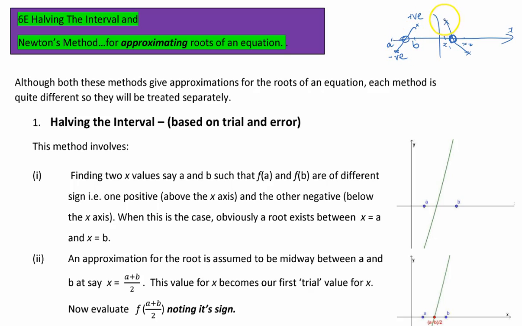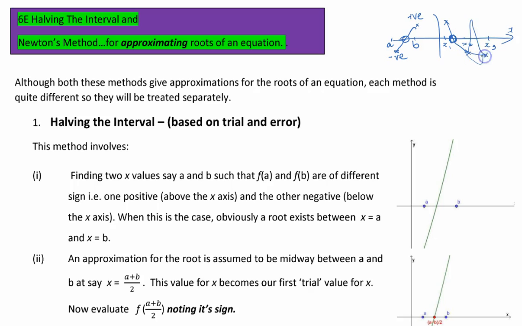Or if you've gone from a positive y value down to a negative, also a root must have occurred. You could probably see that between x2 and x3, if we then got another negative value, we don't know whether this is doing that or if it's going like that, but we know that between two negative y values or function values, no root is occurring.